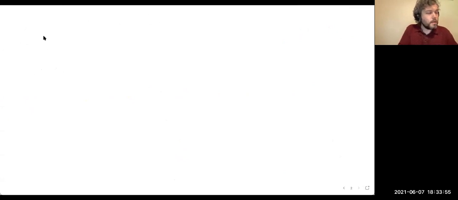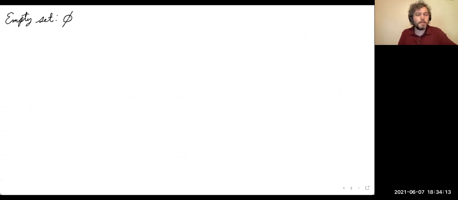There are some special sets, and one of those is called the empty set. The empty set is so special, it has its own symbol, and that's just a circle that's crossed out. This is the empty set.